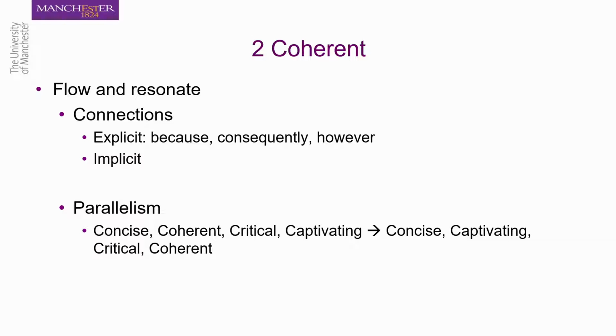And another thing, which is big and small, I don't know, it's parallelism. I call it parallelism, I don't know whether it's the right word for it. Basically, if I start this talk with concise, coherent, critical, and captivating, I will have to explain them in that exact order. I should not explain concise first and then jump to captivating and then critical and then coherent.